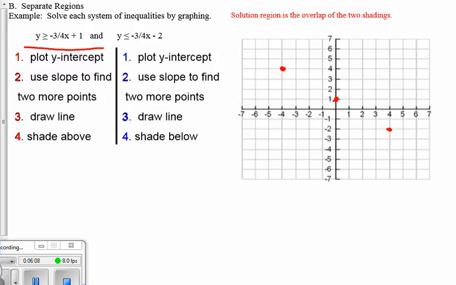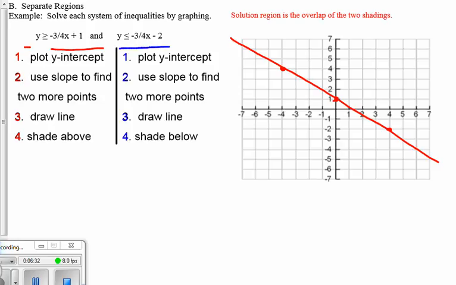So this is going to be where our line is for our first inequality. And again, that one's going to be a solid line because we have the or equal to portion there. So instead, I'm just going to draw it instead of using those lines. So that's going to be our y is greater than or equal to negative 3/4 x plus 1 line.